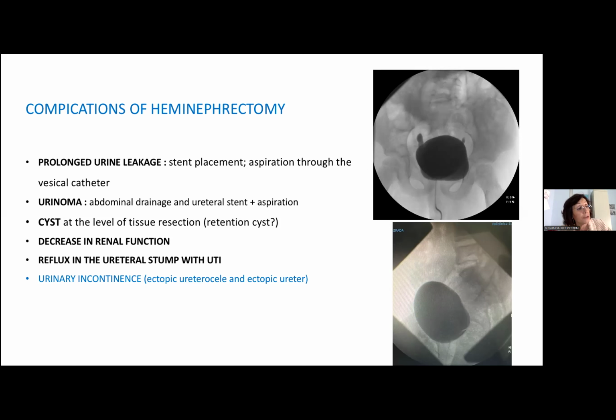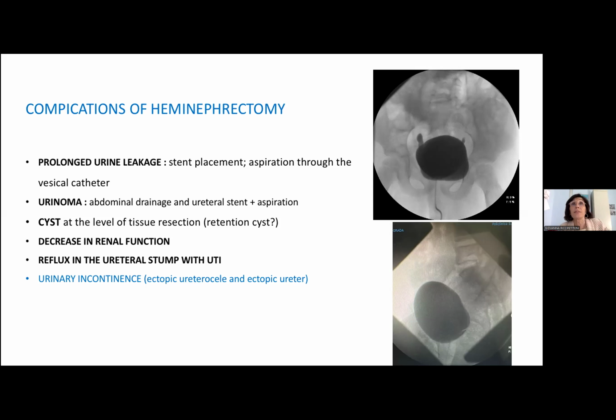Decrease in renal function is reported in 2 to 6% of cases in literature, but it can be due to some ischemic damage produced during a non-proper dissection and identification of the tributary vessels, and also because sometimes we put the vessel under a vascular loop, which can give an indirect damage if we maintain this compression for a long time.